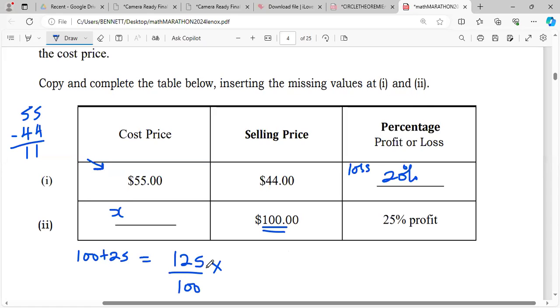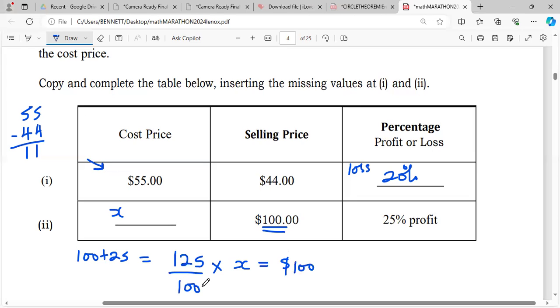They multiplied by 125, or they find 25% of the number and add it to the cost price in order to get the profit. So all we have to do is use X to represent it, and that must give you $100. That's how they got this 100. So we need to find the number before.